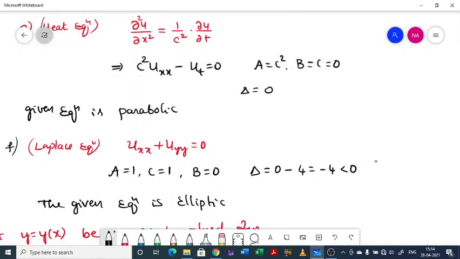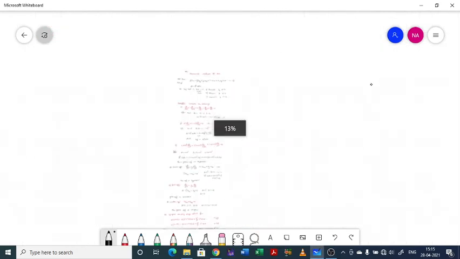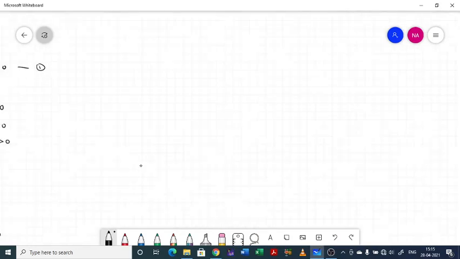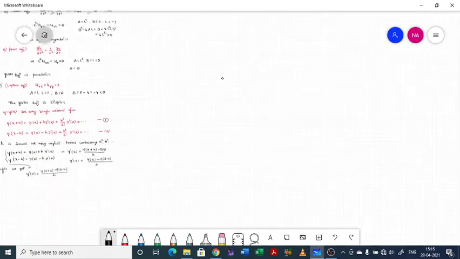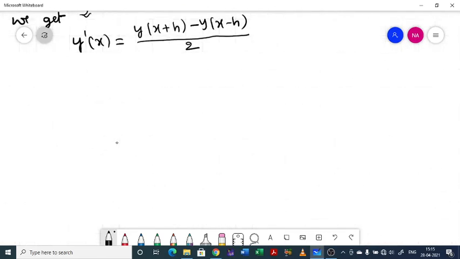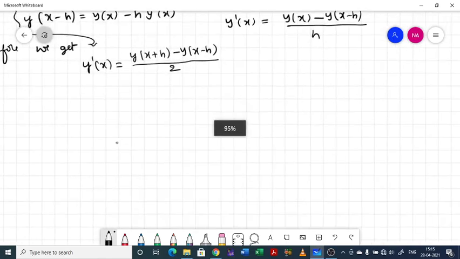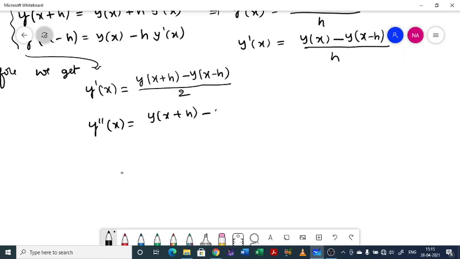The second approximation for the second derivative will be y double dash of x equal to y of x plus h minus 2 into y of x plus y of x minus h divided by h square.